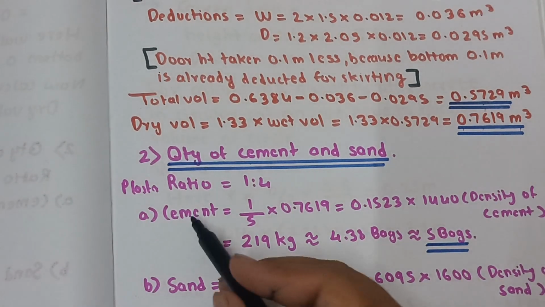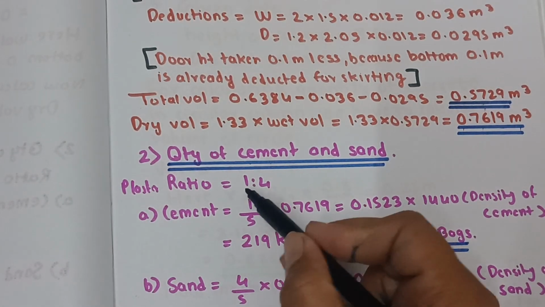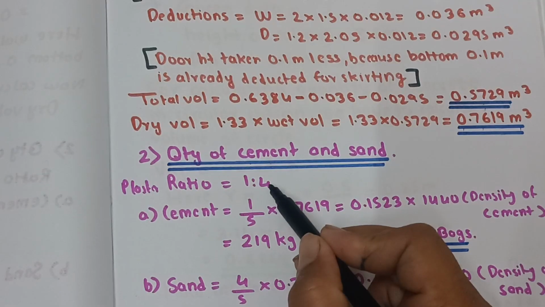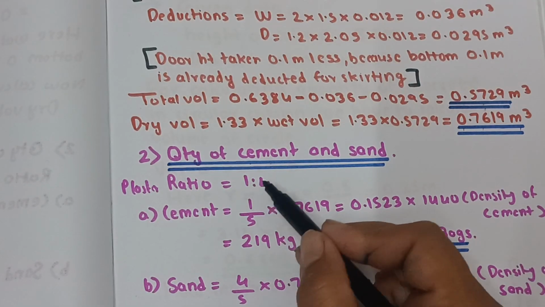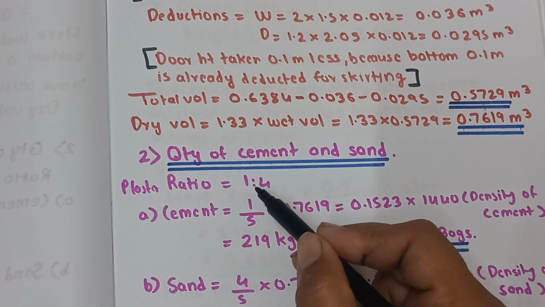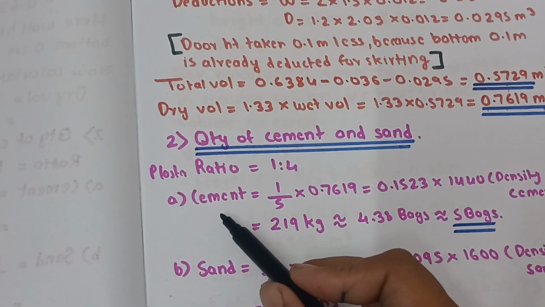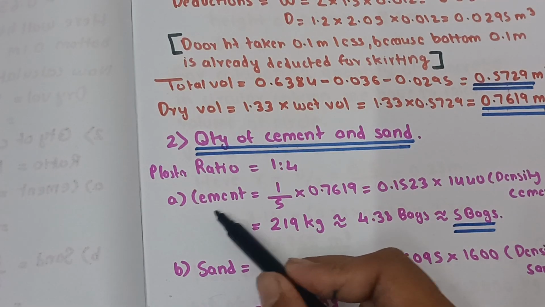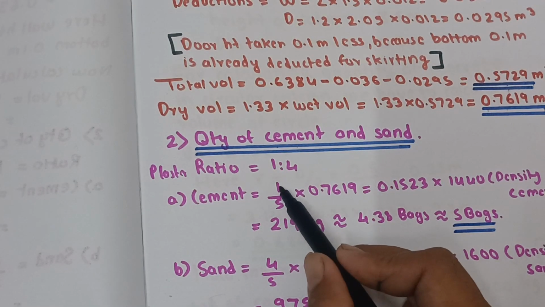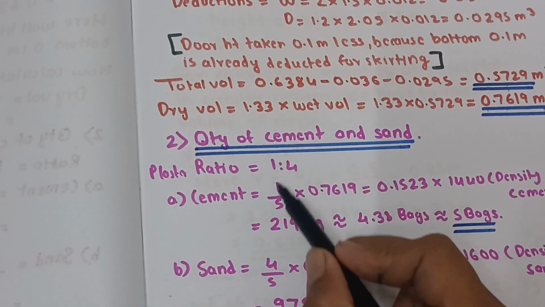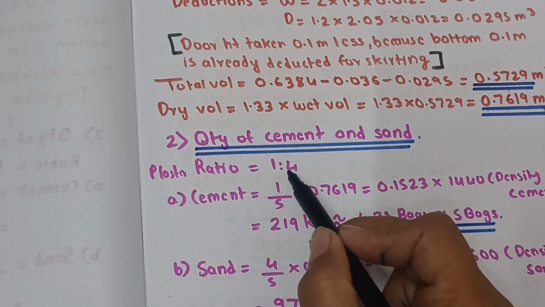We have taken the plaster ratio as 1:4. 1 is cement and 4 is sand. This is a ratio by volume, not weight. So first calculate cement. 1, that is cement, divided by 5. 5 is 1 plus 4.